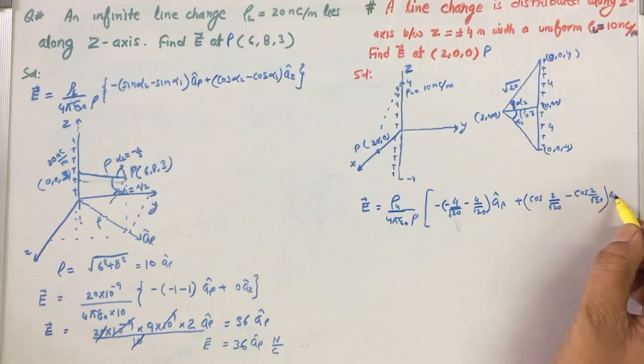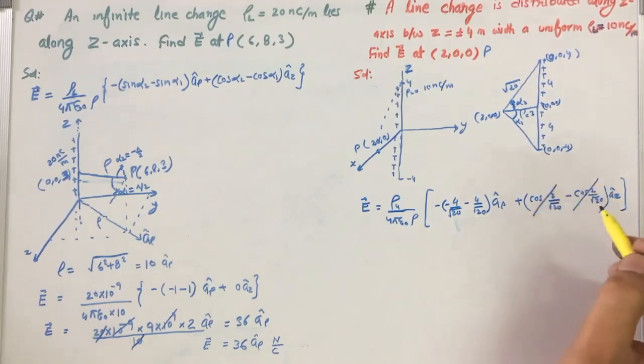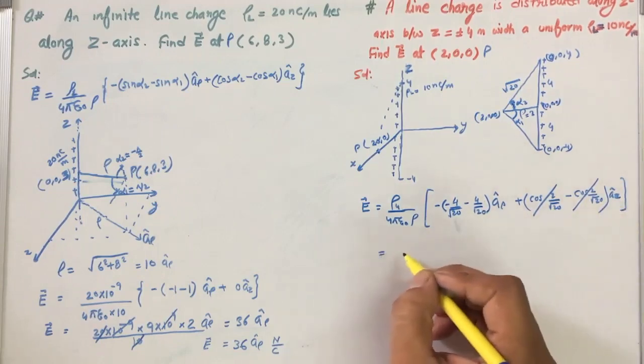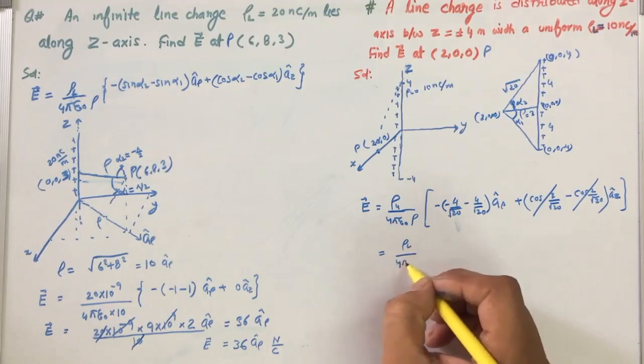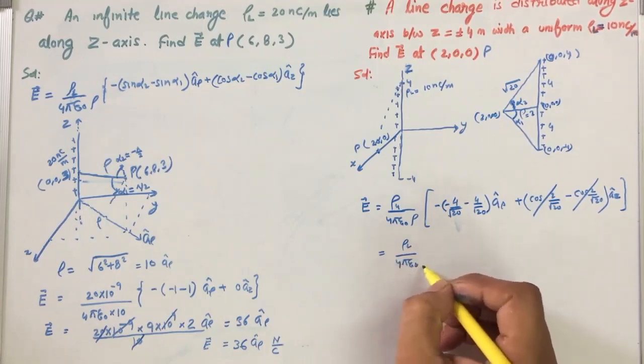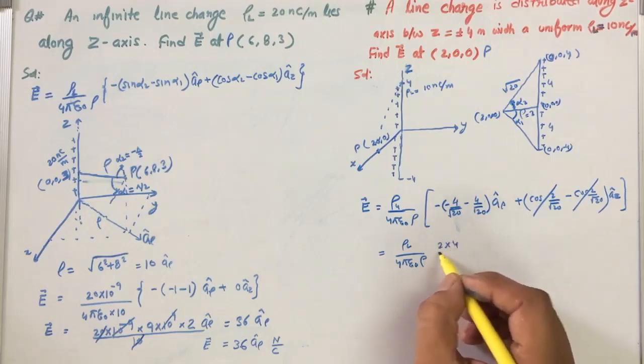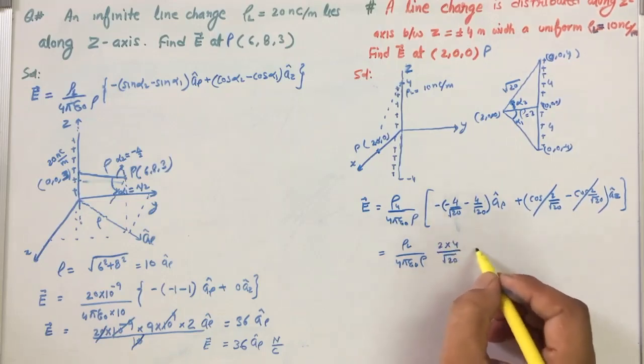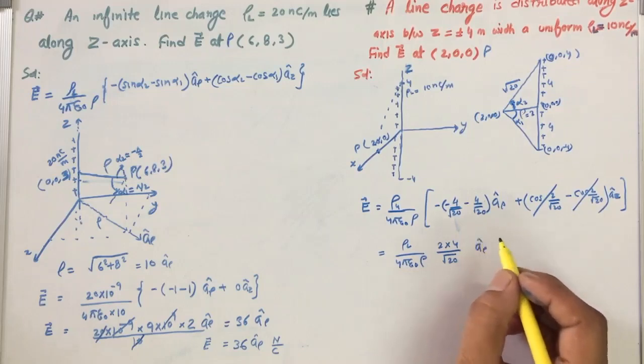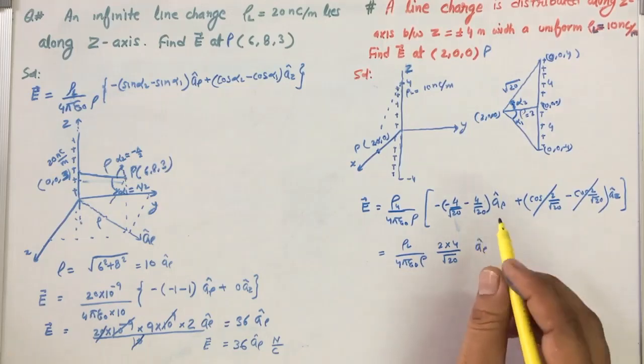Anyway, it is in the direction of Z. This thing will be cancelled out. The remaining term will be rho L by 4 pi epsilon naught rho, 2 times 4 divided by root 20 in the direction of rho.